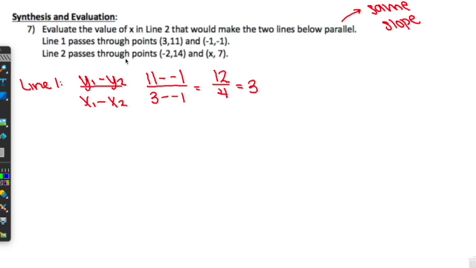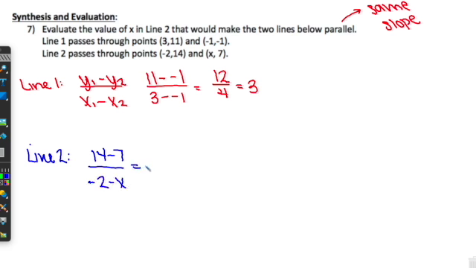Line 2 passes through these 2 points. So again, I'm still going to use this y1 minus y2 over x1 minus x2. So for line 2, I'm going to say 14 minus 7 over negative 2 minus x.